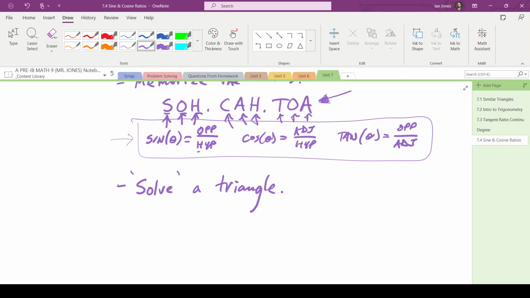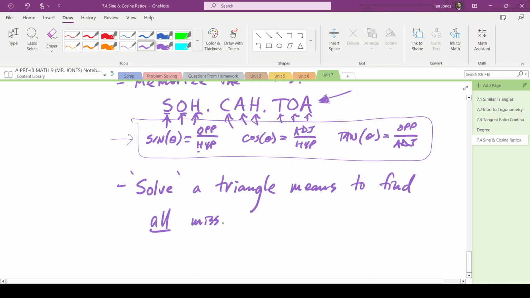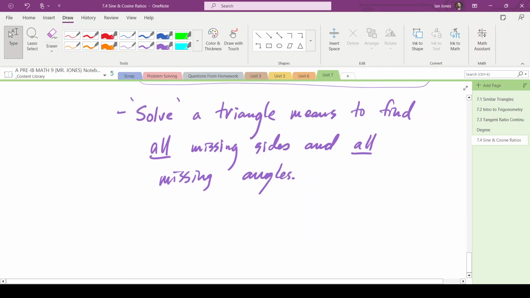So solve a triangle means to find all missing sides and all missing angles. Okay, so that's what solve means.